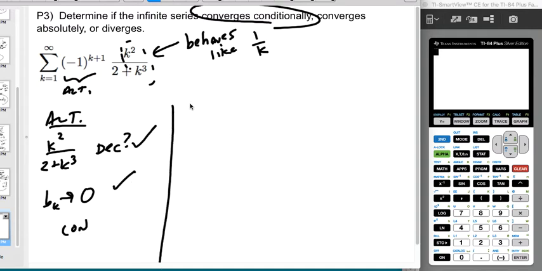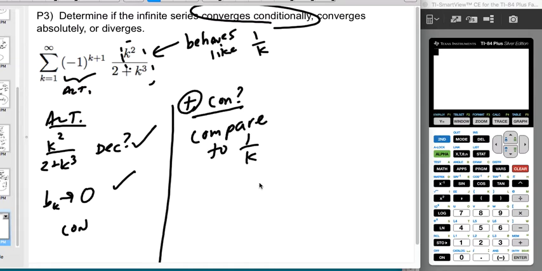But the question is, would the positive version converge? Well, the positive version won't, because I can compare the positive version to 1 over k. Or if you wanted, you could compare it to k squared over k cubed, rather. It doesn't matter.